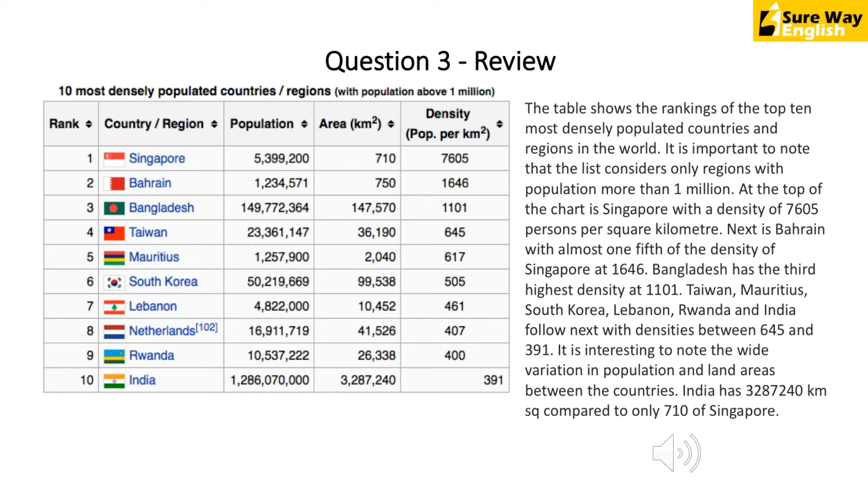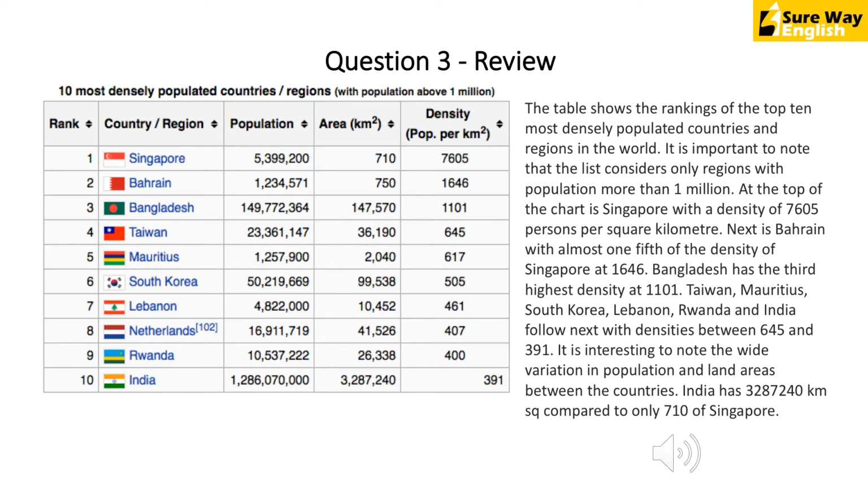At the top of the chart is Singapore with a density of 7,605 persons per square kilometer. Next is Bahrain with almost 1/5 of the density of Singapore at 1,646. Bangladesh has the third highest density at 1,101.